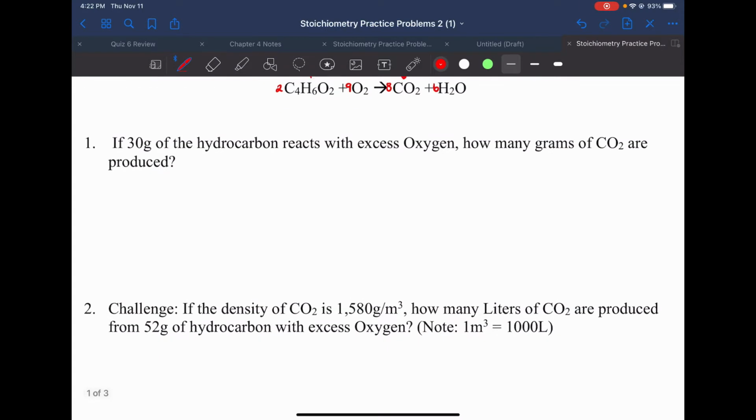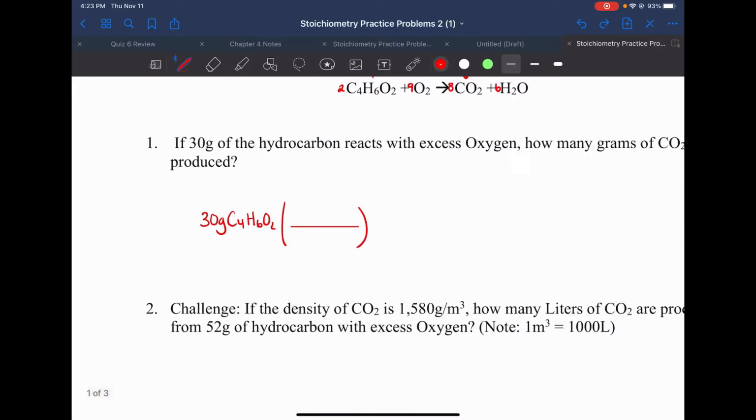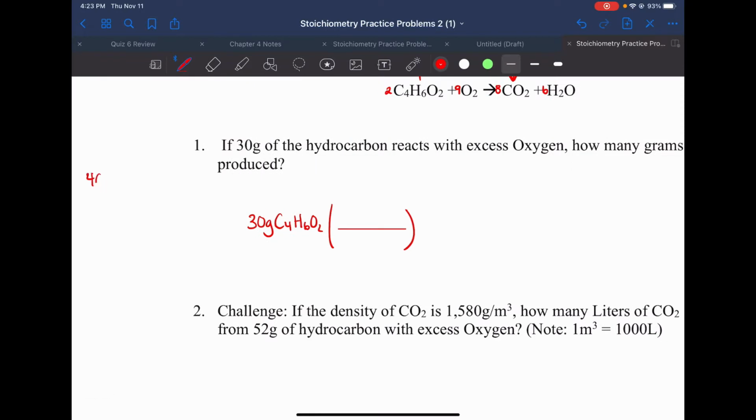Okay, welcome back. So we got 30 grams of C4H6O2. And in order for us to go to the other side to get how many grams of CO2, I need to go from grams to moles. To go from grams to moles, I'm going to need to figure out the molecular weight of C4H6O2. So I have 4 carbons, 6 hydrogens, and 2 oxygens.